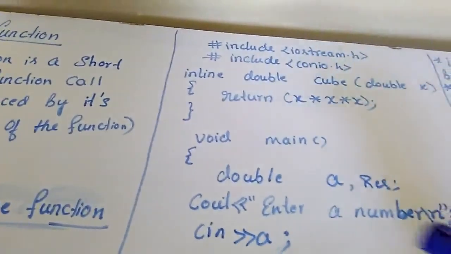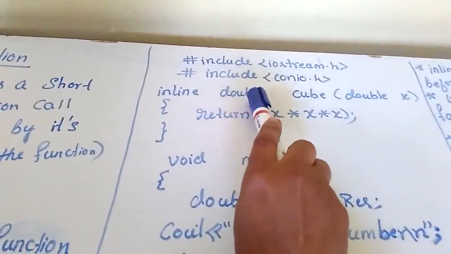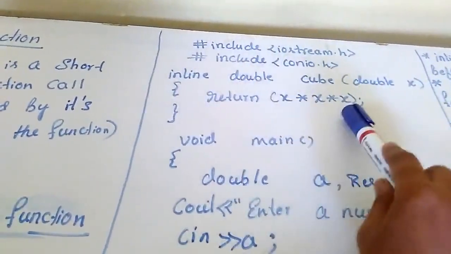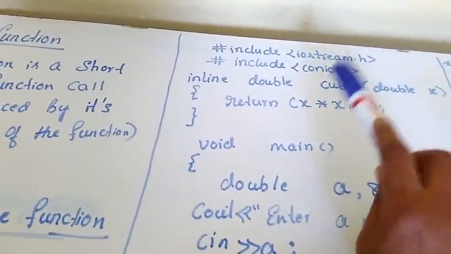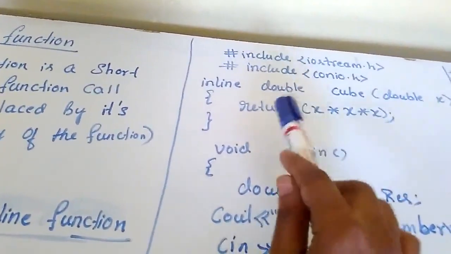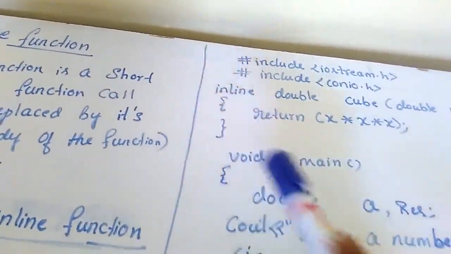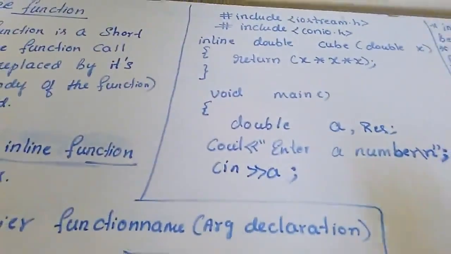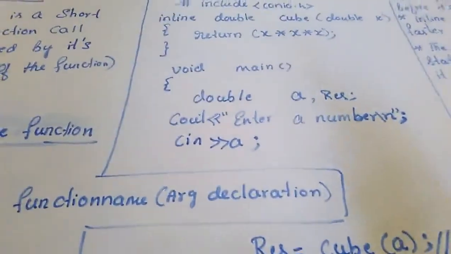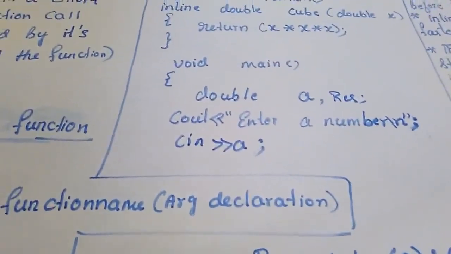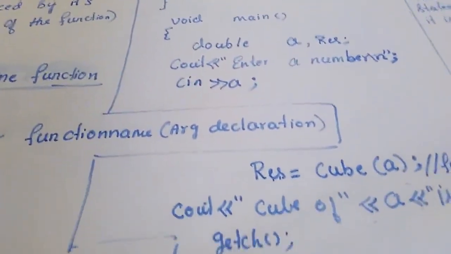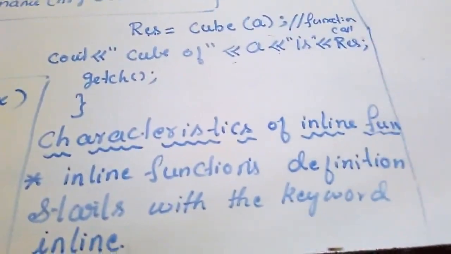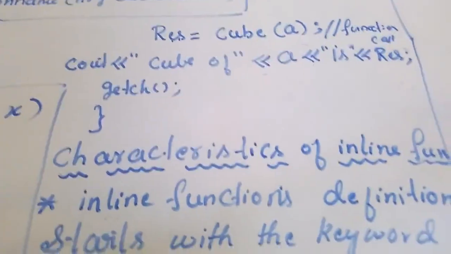As usual, the definition has a return type specifier, function name, argument declaration, then the body of the function. The only thing added is the keyword inline. So the first rule is that the inline function definition should start with the keyword inline.